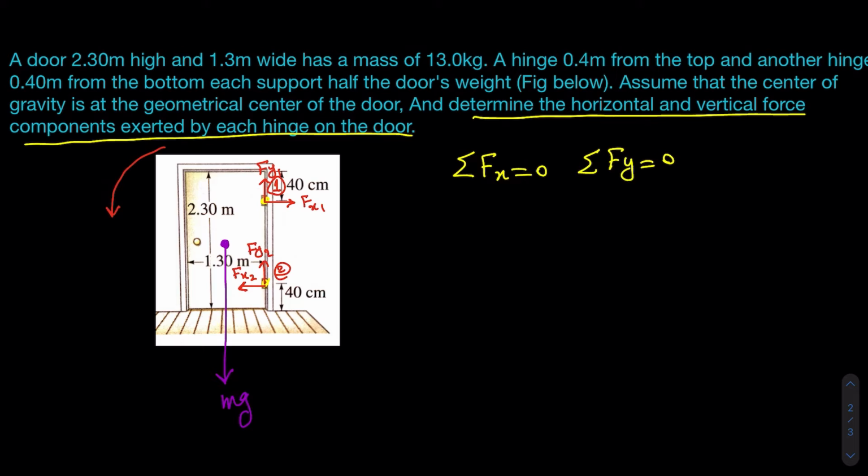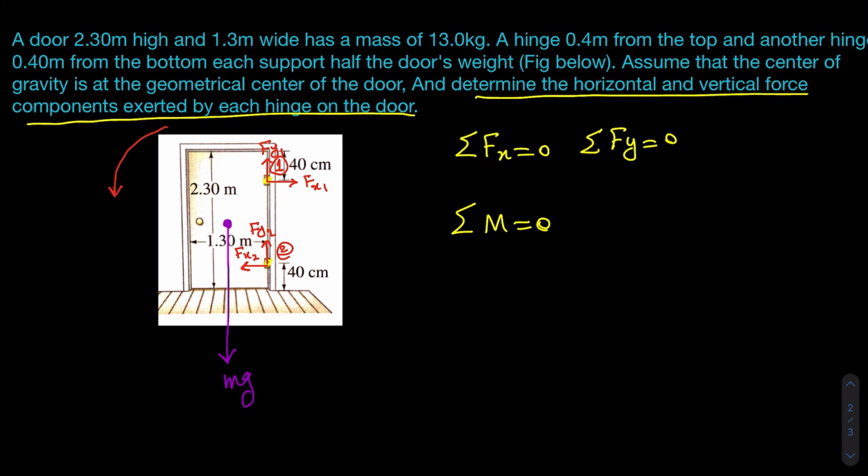The second condition of equilibrium states that sigma moment of force, or torque, must be equal to 0. We will start with the second condition of equilibrium.